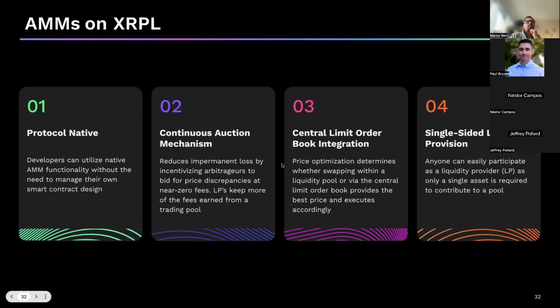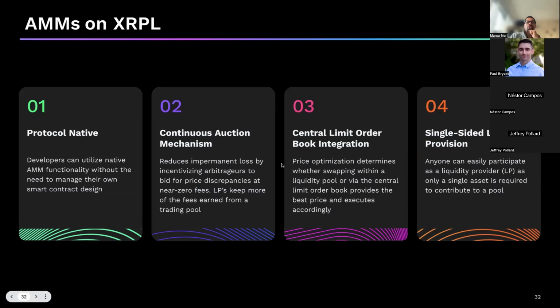There's one innovation that I will not go into in detail. I mentioned that there's impermanent loss, because sometimes the price moves in a direction that makes the liquidity provider lose money just because the price moved.